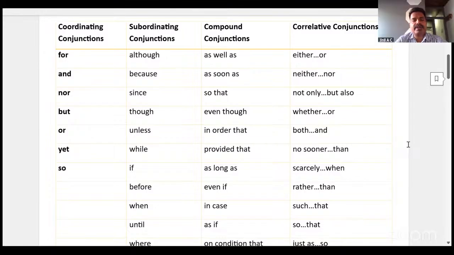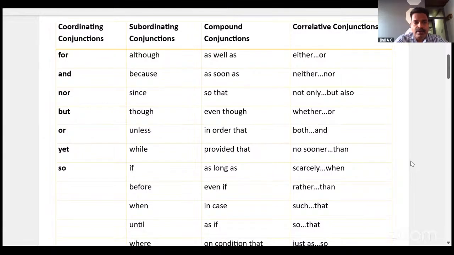So these are coordinating conjunctions. Coordinating conjunctions are used to join two main clauses. Earlier we studied main clauses and subordinate clauses. Main clauses are independent clauses. Subordinate clauses are dependent clauses. We learned it, and if you were present in that session, you know that.